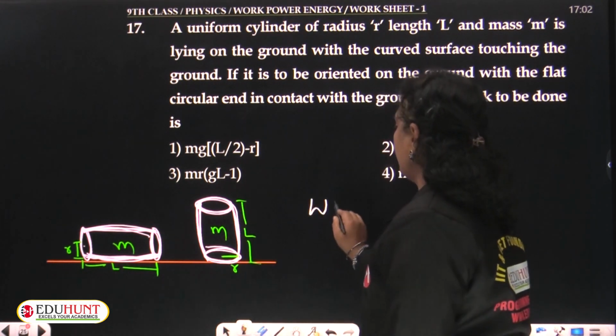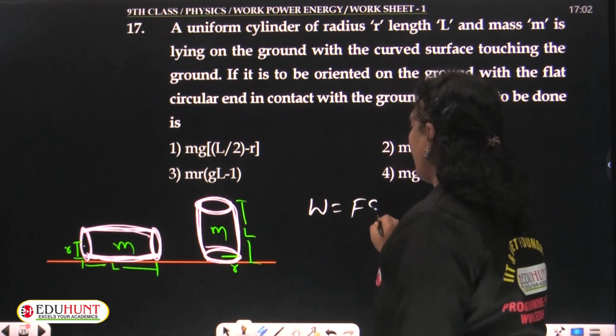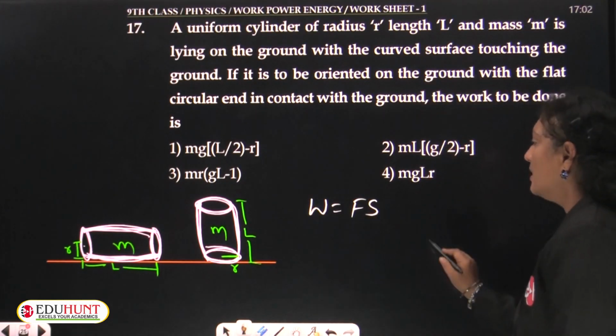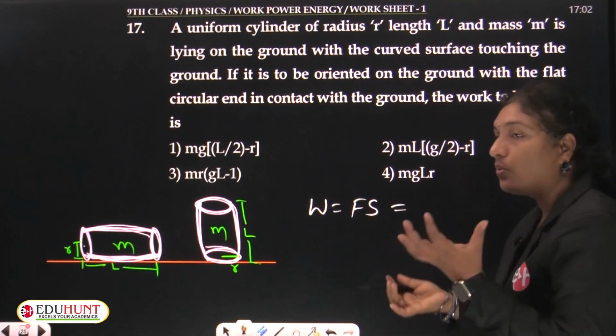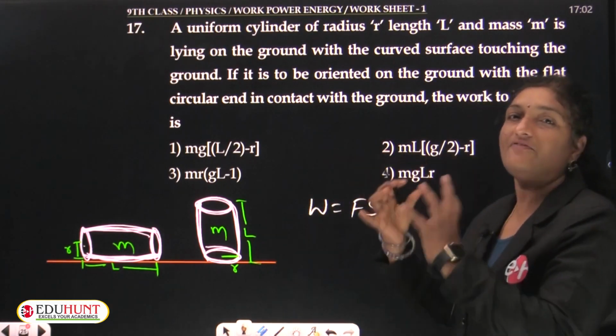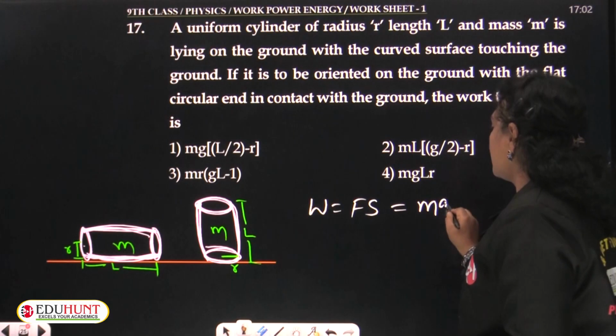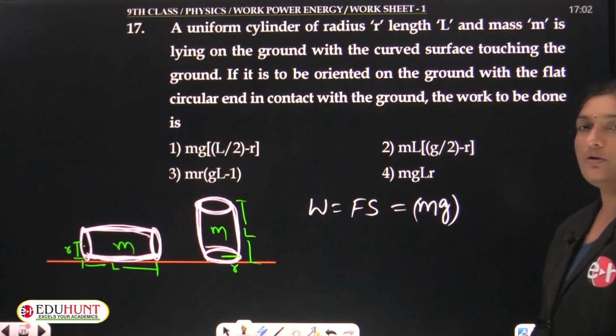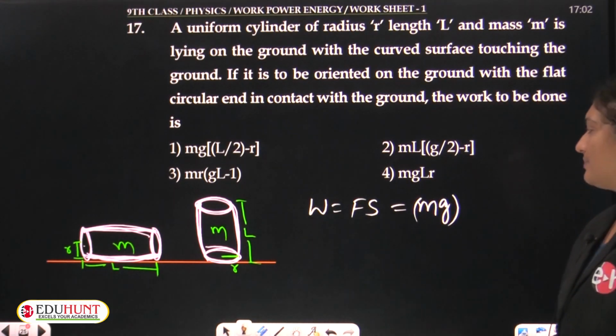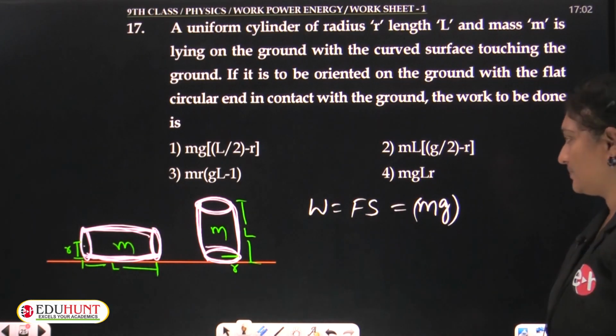The formula for force is the weight of the cylinder. You have to lift that cylinder to make it straight. So, the force acting on the cylinder is nothing but the weight of the cylinder. F equals ma or F equals weight mg.